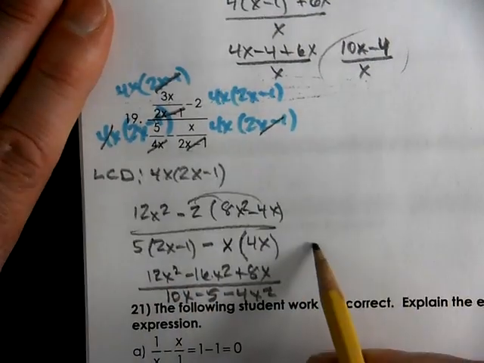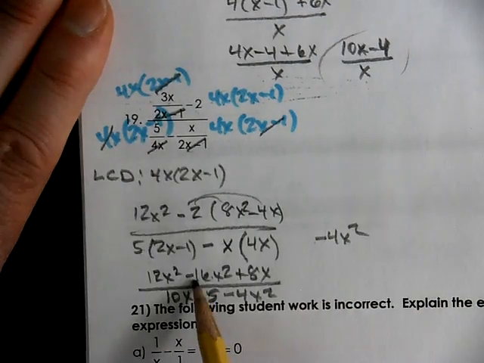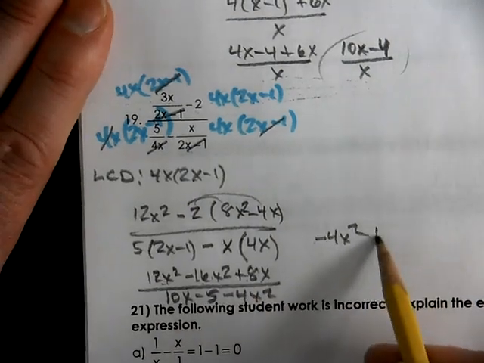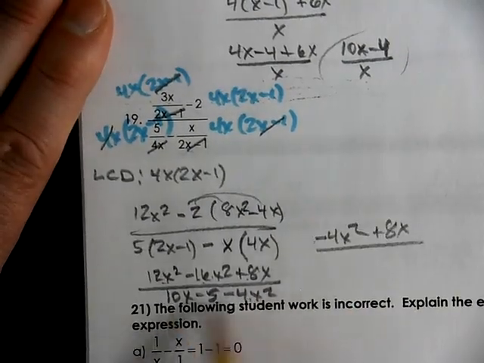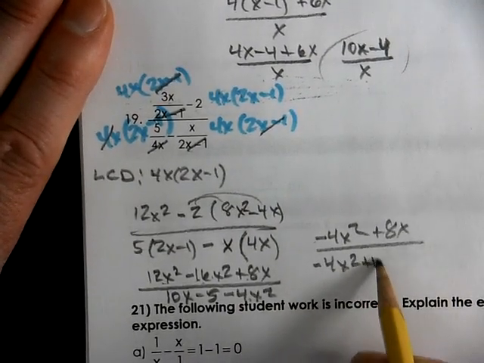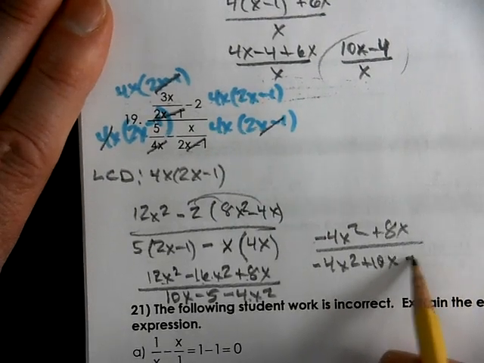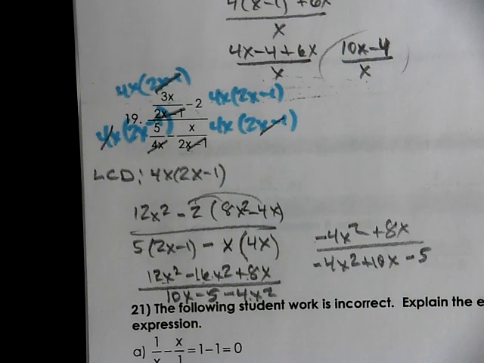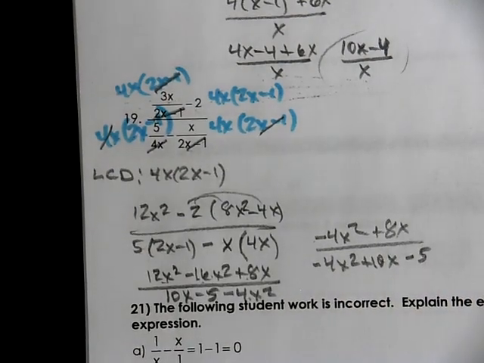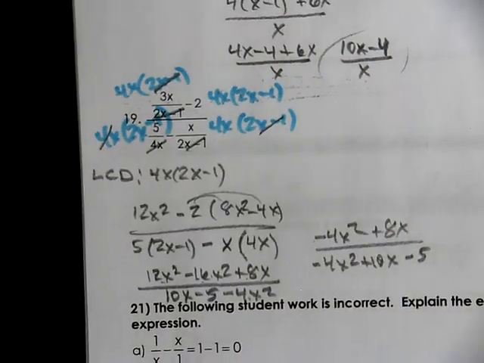So that's giving us a negative 4x squared. This is a positive 8x. This is a negative 4x squared plus 10x minus 5. Even if this wasn't negative here, you can't multiply to be 20 and add to be 10. That's all I see.